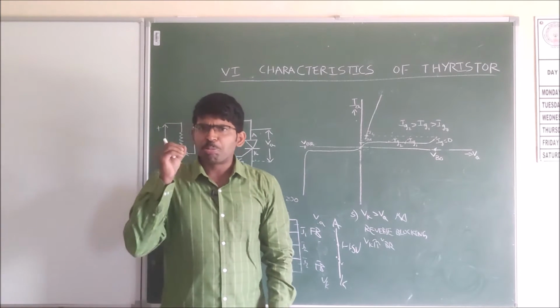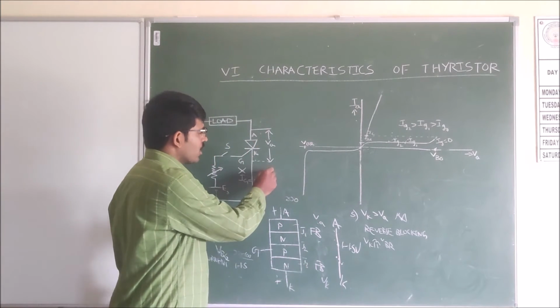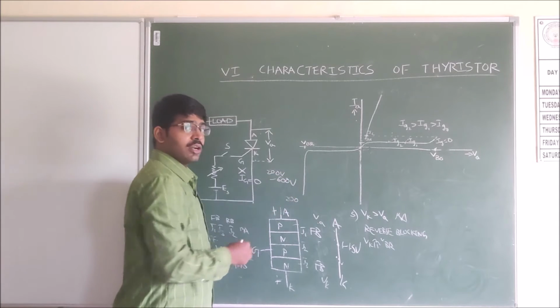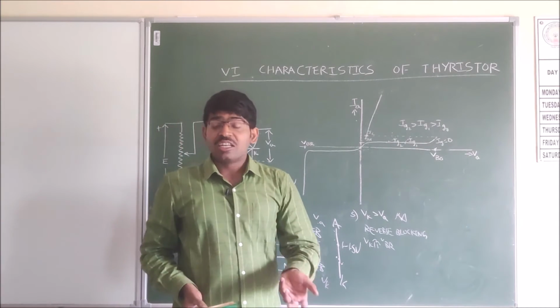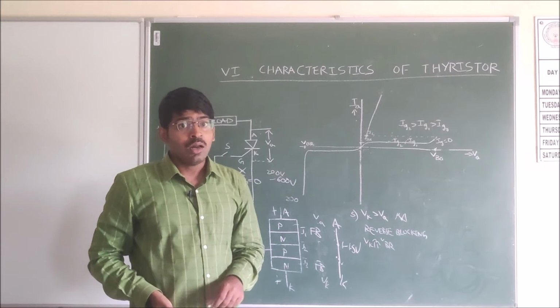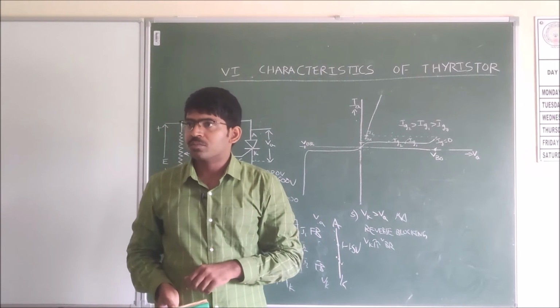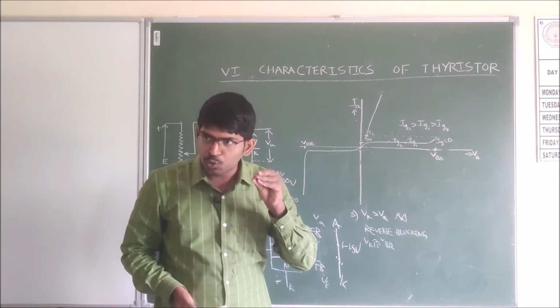For the thyristor, the minimum breakover voltage is 200 volts. It is in the range of 200 to 600 volts. So practically we require a minimum of 200 volts to turn on this thyristor. That is not AC, this is pure DC.